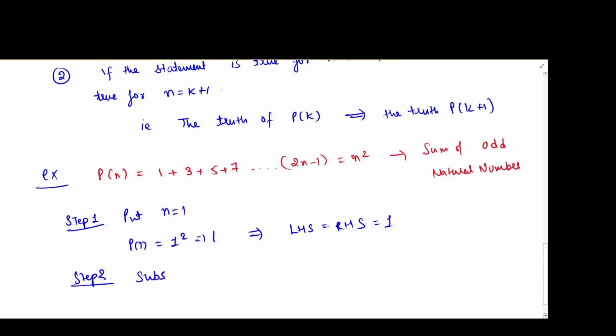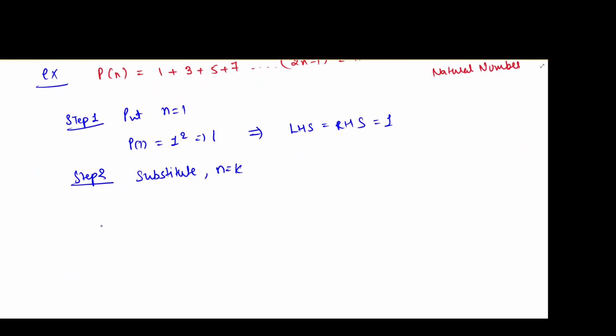Step 2, substitute n equal to k. So Pk is 1 plus 3 plus 5 plus 7 up to 2k minus 1 is equal to k square. This step is the inductive step.